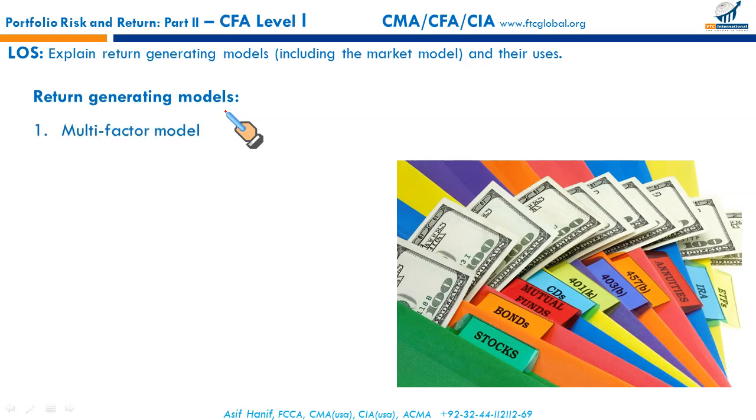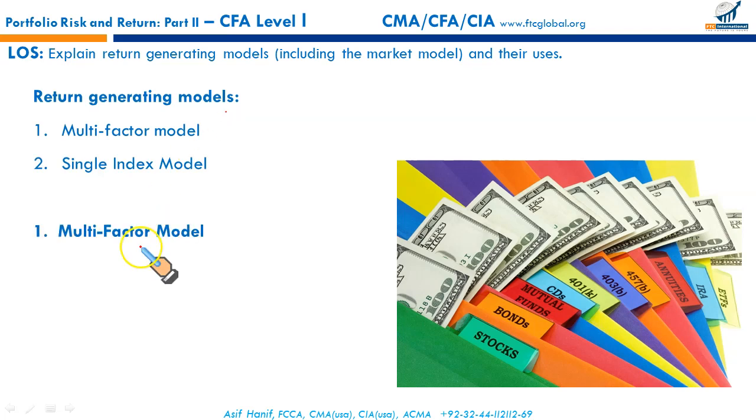There are two models: the multi-factor model and the single index model. The multi-factor model uses various factors, such as macroeconomic, fundamental and statistical factors: inflation, interest rate, taxes, business confidence. These factors are correlated with the returns of the security.